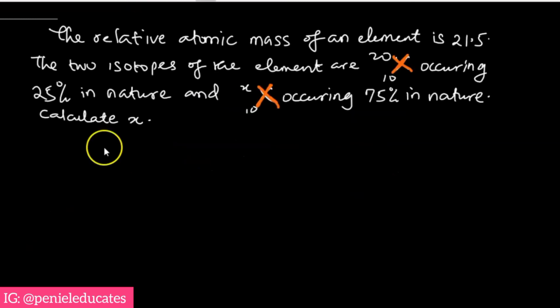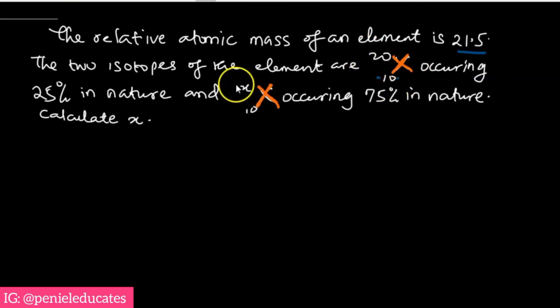All right, now in this particular one, we're given the relative atomic mass of an element as 21.5. And the two isotopes are this, 20X. Don't forget, this is the atomic number, which is also the number of protons, and this is the relative atomic mass.